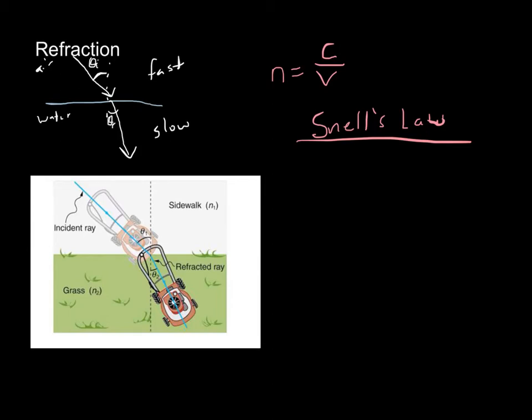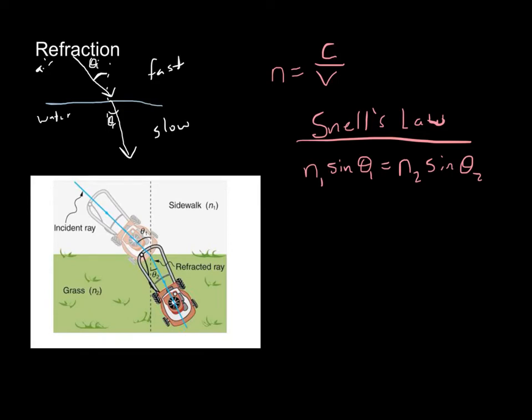And what Snell's law says is that the index of refraction of material 1 times the sine of angle 1 is index of refraction of 2 times the sine of angle 2. And we can use that to figure out, if we know the angle that it goes in and we know the index of refraction of both materials, then we can figure out what the angle is that it is refracted at.